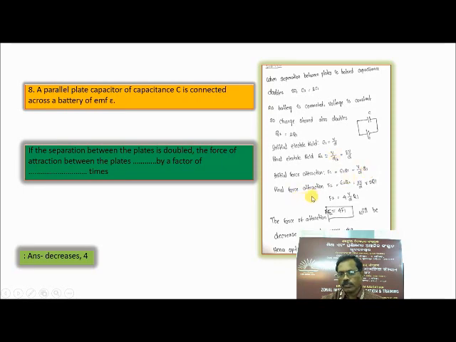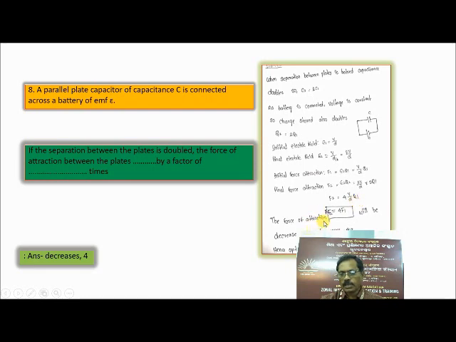And the final force of attraction F2 is equal to E2 Q2, that is 2V by D because that is doubled, then 2Q1. Then F2 is equal to 4 into V by D Q1.